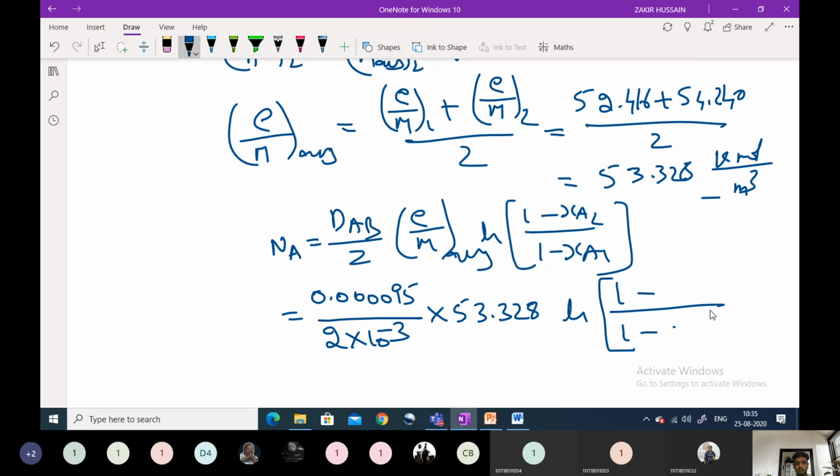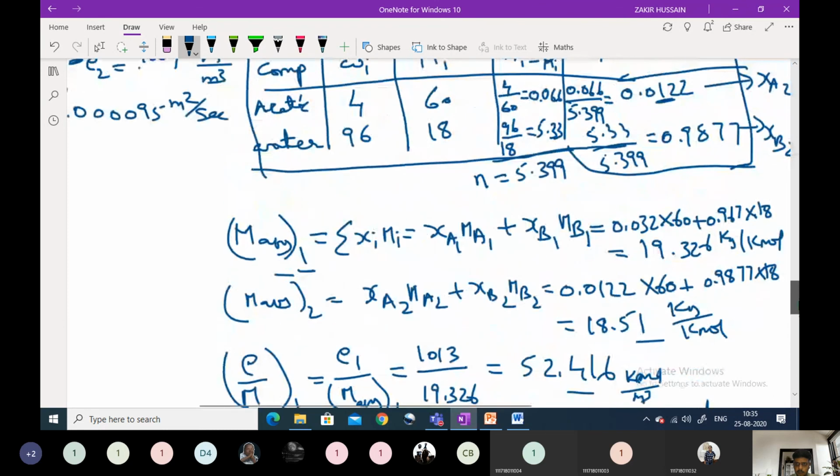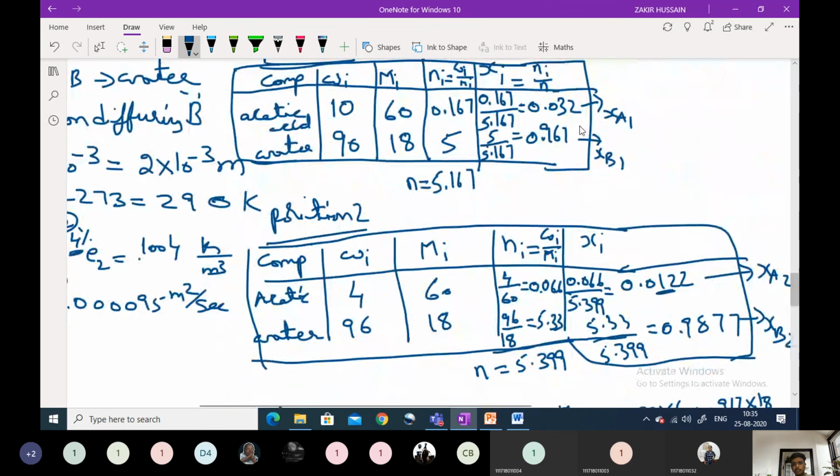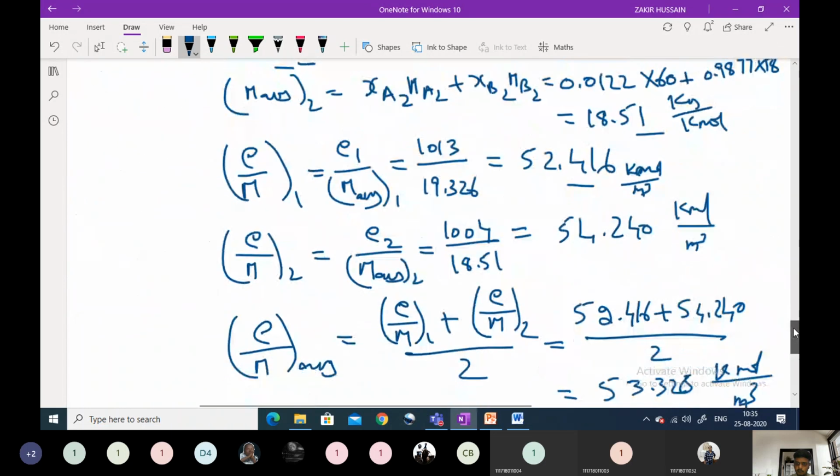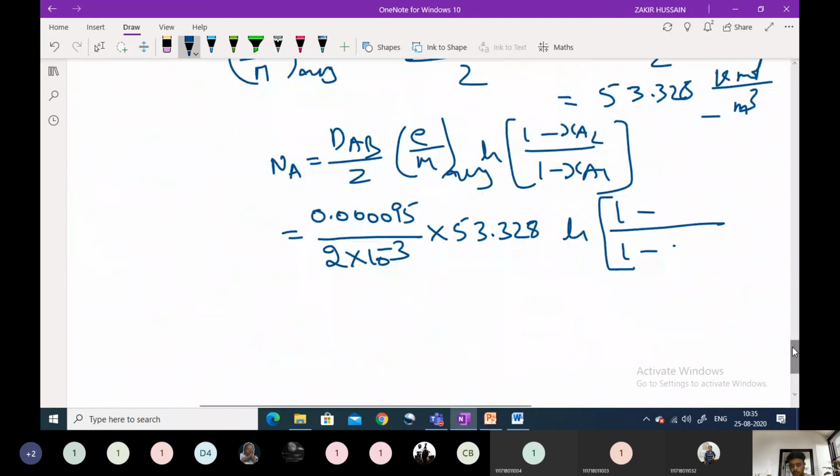So XA1 is equal to 0.032 and XA2 is equal to 0.0122. You can calculate these values.